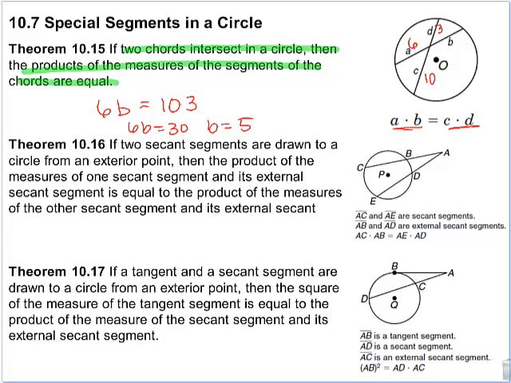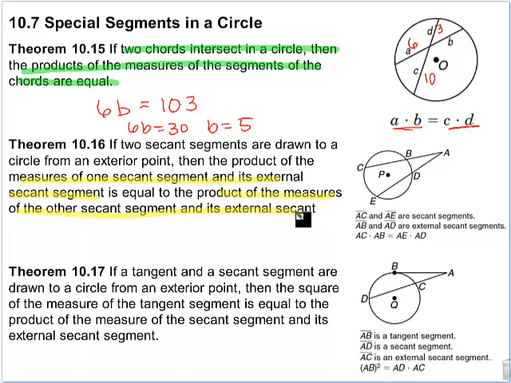Okay, so the next one is dealing with secants. If two secant segments are drawn to a circle from an exterior point, the product of the measures of one secant and its external segment is equal to the product of the measure of the other secant and its external segment.